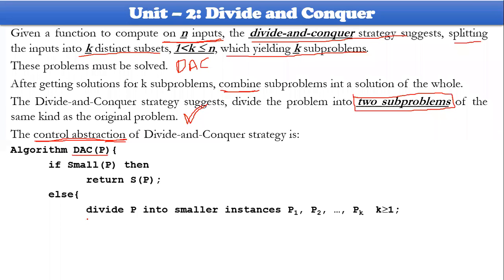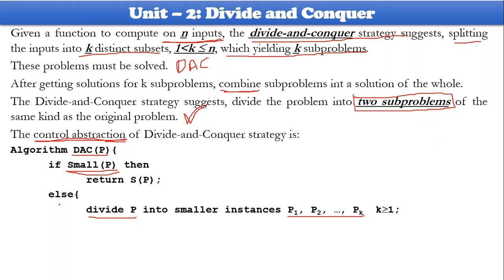We have to divide the problem into several smaller instances, until the satisfaction level of small of P. As I told you just before, P will be having one element. If the problem P has a single element, then small of P will return true. Otherwise, it goes to the else part.